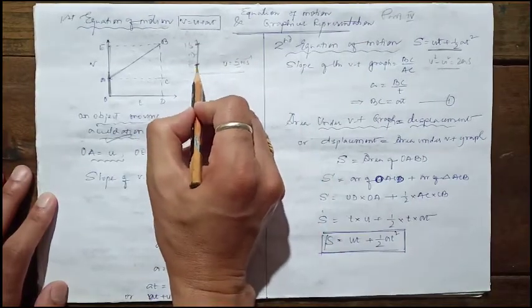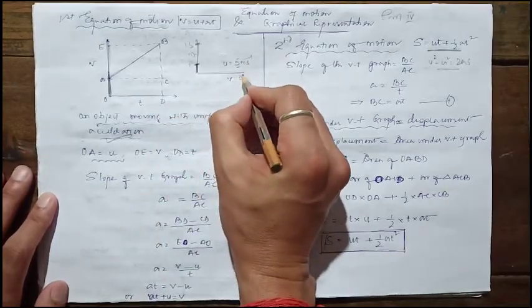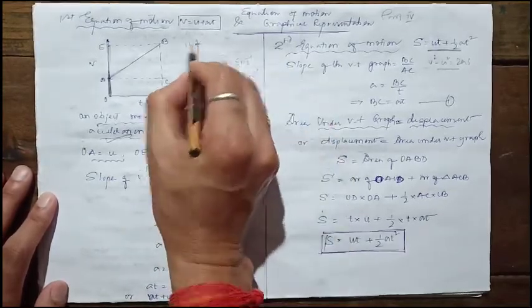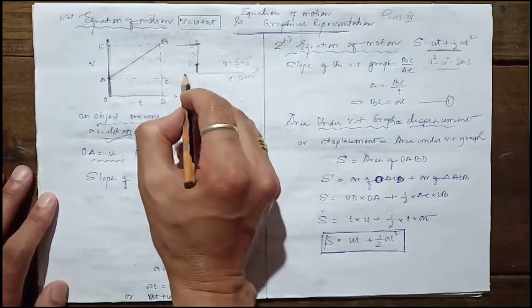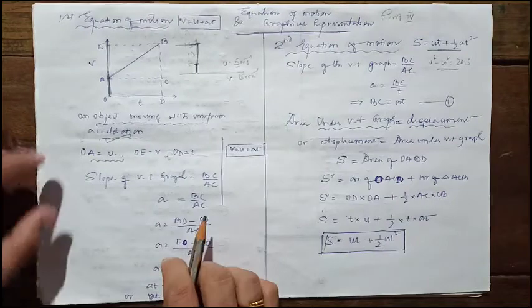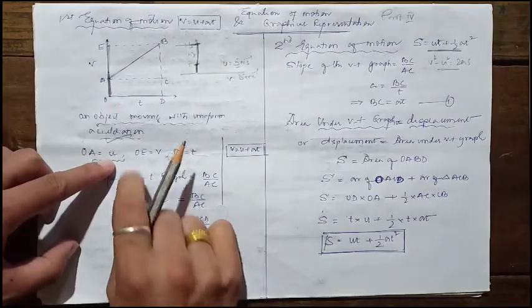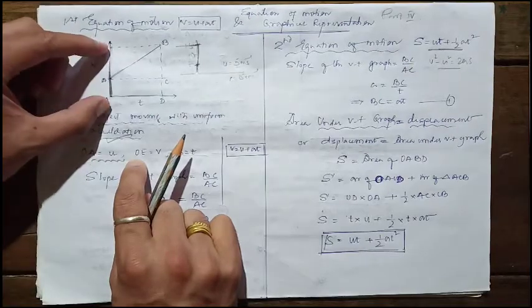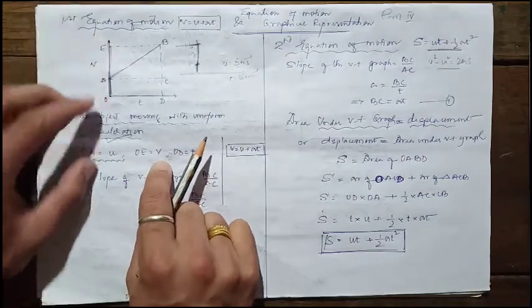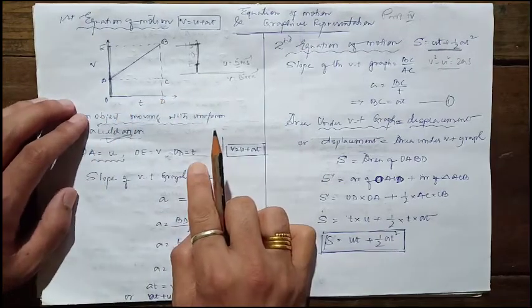And the final speed is 15 meter per second, which is the length from the origin to this point. That's why we write the length OA as the initial velocity u, the length OE is v, and similarly, the length OD is time.